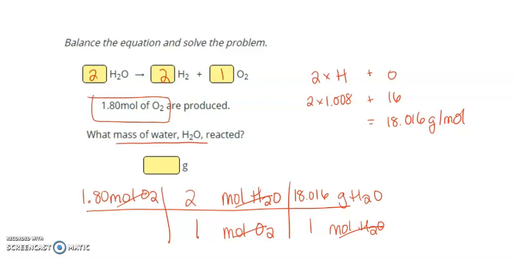And that's because this number down here does not necessarily have to be the same number as here. Okay, I went ahead and canceled my units that are on the top and the bottom. Top times top times top, divide by bottom, and punch that in the calculator. So 1.80 times 2 times 18.016, divide by 1, and that equals 64.9 grams of H2O.